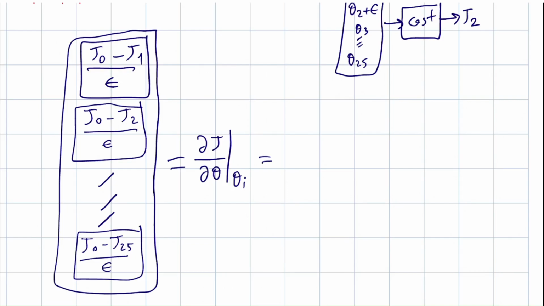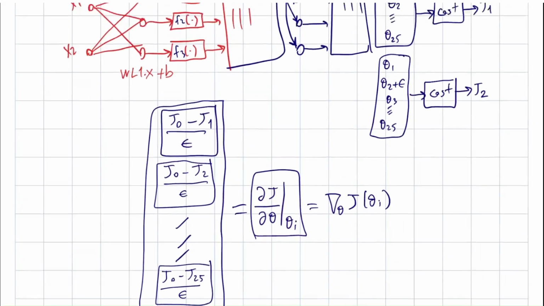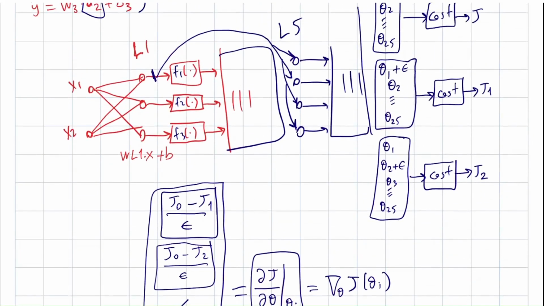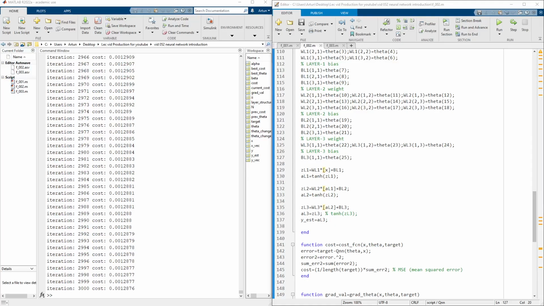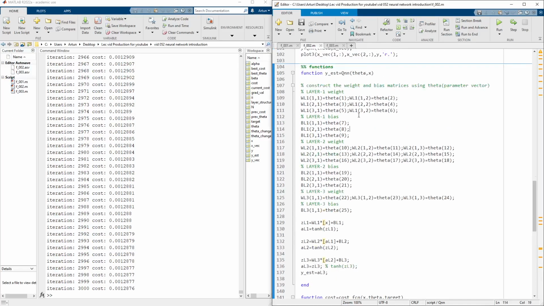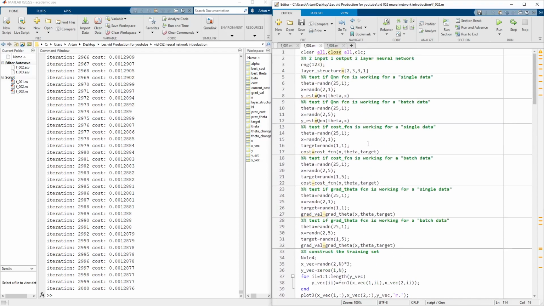Or you can write it like that. All right, let's check the Matlab code. Let me change the screen. Let's look at the code.